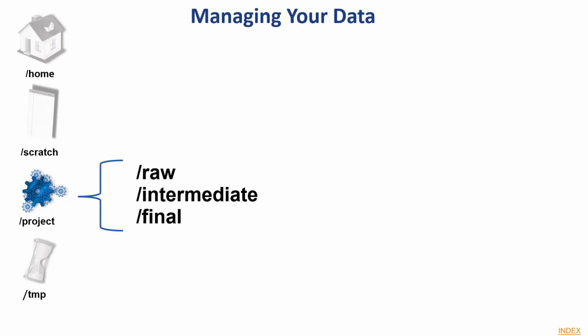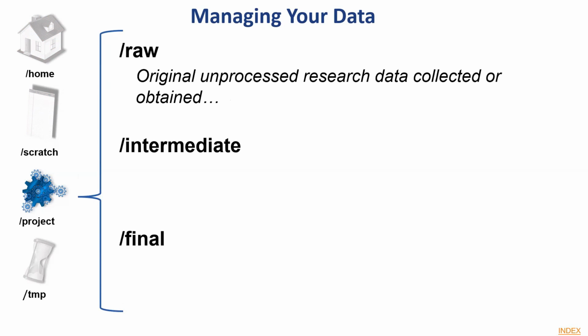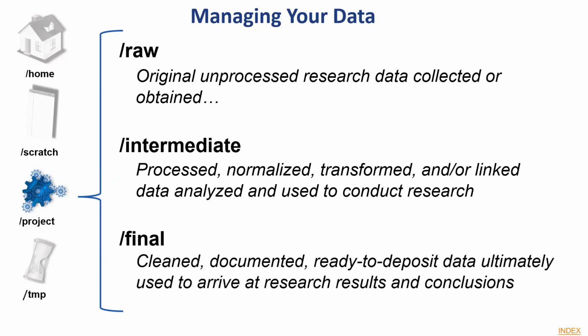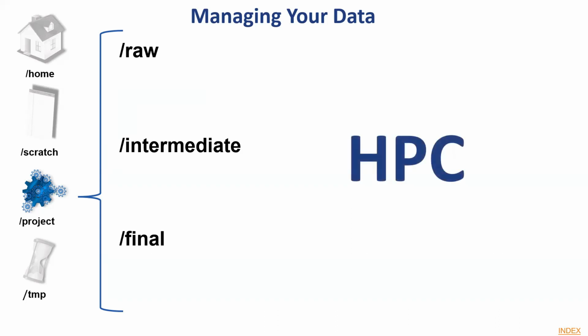And in this space, I propose working with some variation of these three folders: raw data, intermediate data, and final data, with raw data containing original, unprocessed research data collected or obtained, intermediate containing processed, normalized, transformed, and or linked data analyzed and used to conduct research, and final data containing cleaned, documented, ready to deposit data, ultimately used to arrive at research results and conclusions.